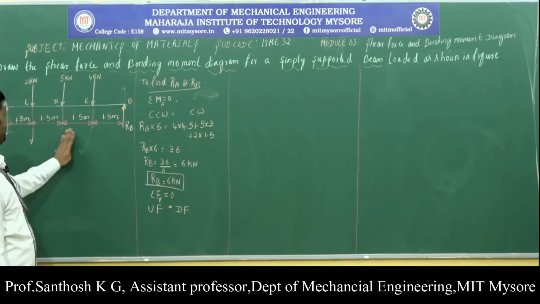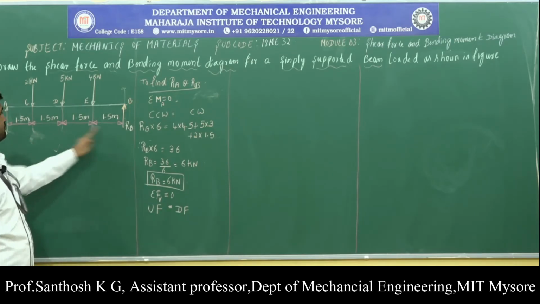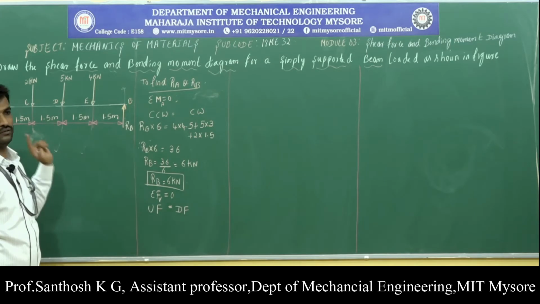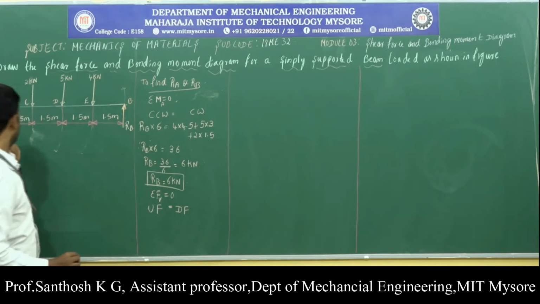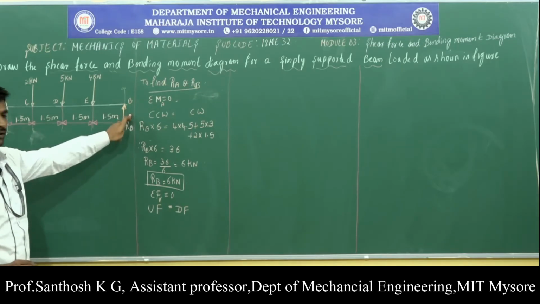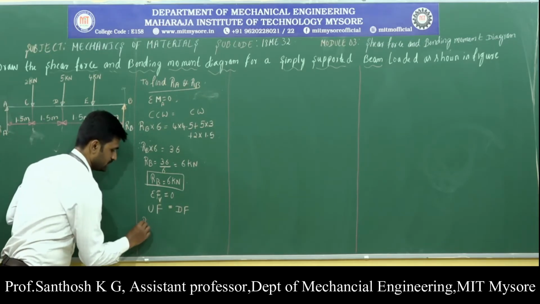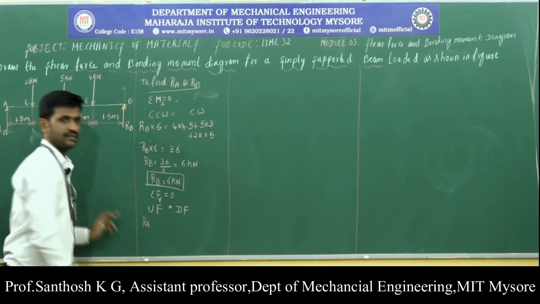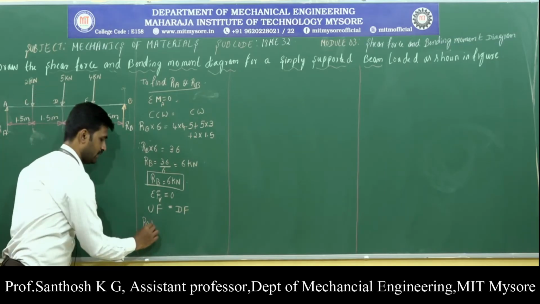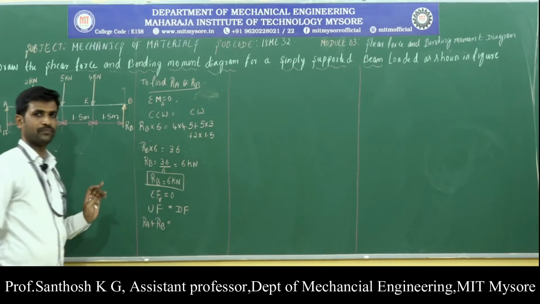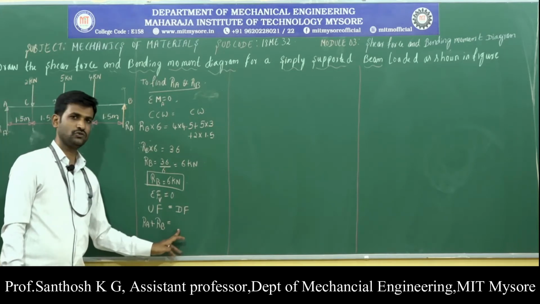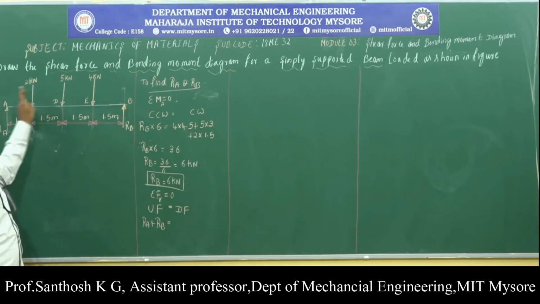In this diagram, the upward forces acting on the given beam are the reactions at point A and point B. That is, we have the reaction RA at point A and the reaction RB at point B, and the summation of these two should be equal to the downward forces.